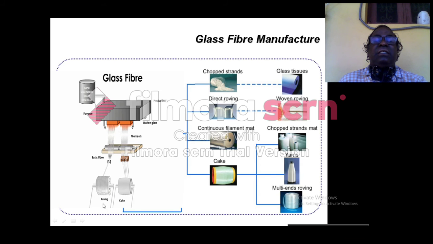Once the filaments come out, they are cooled, and based on the requirement, if you want to chop it, it is chopped. If you want continuous thread, it will be in the continuous form. We can also make cakes. So these are the different forms of glass fiber we can get.